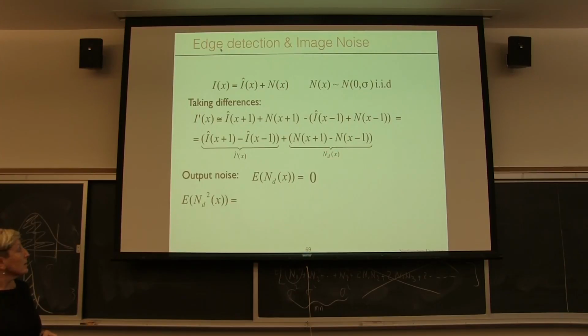But the variance, what happens is I have the variance of n squared of x plus 1, n squared of x minus 1, and then 2 times the cross product. The cross product goes away because they are independent. But I still have these guys. And what happened was that this minus that was here got converted into a plus.